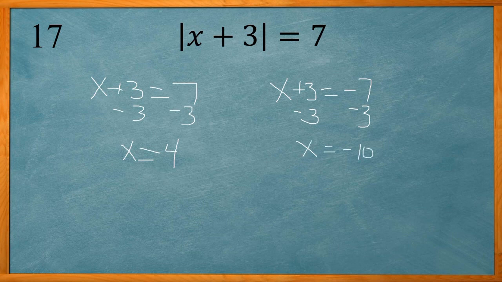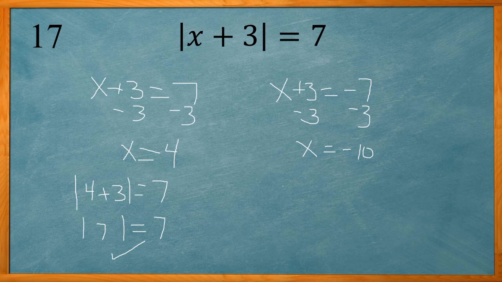All right, so let's try both of those out. The value of 4 plus 3 equals 7. Okay, the absolute value of 4 plus 3 is 7, and the absolute value of 7 is 7. So that works out. Give that a little check mark there.